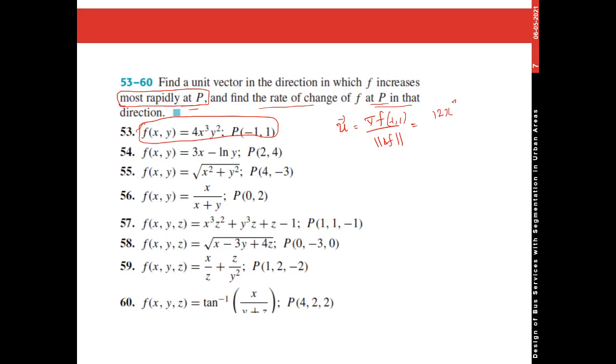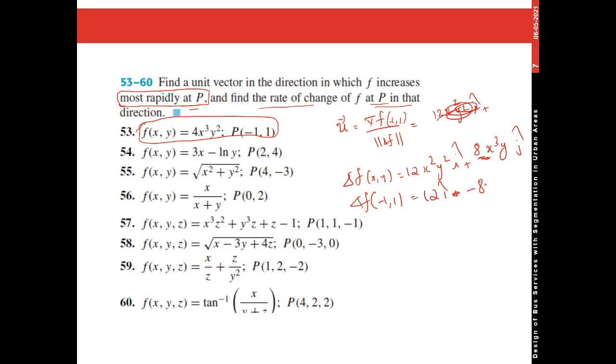So del f, I will write del f of (x, y) for this question, is 12x square y square i plus 8x cube y j. So you find it at (minus 1, 1): 12i plus minus 8j.